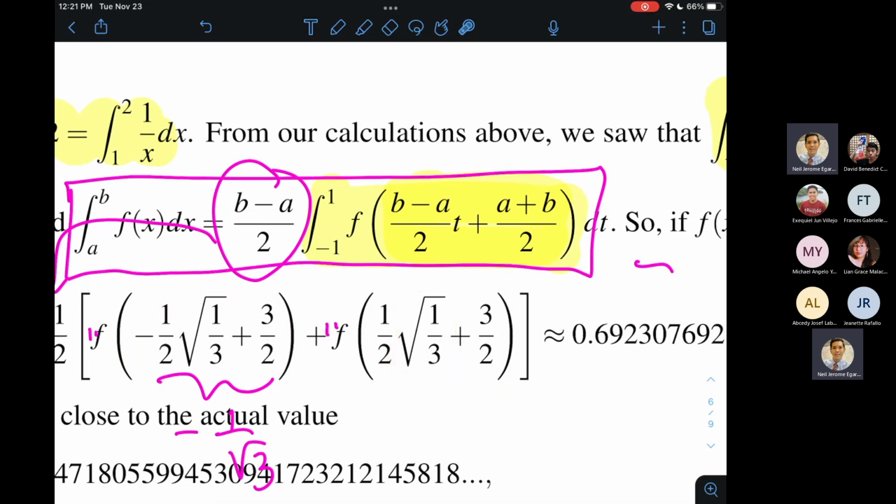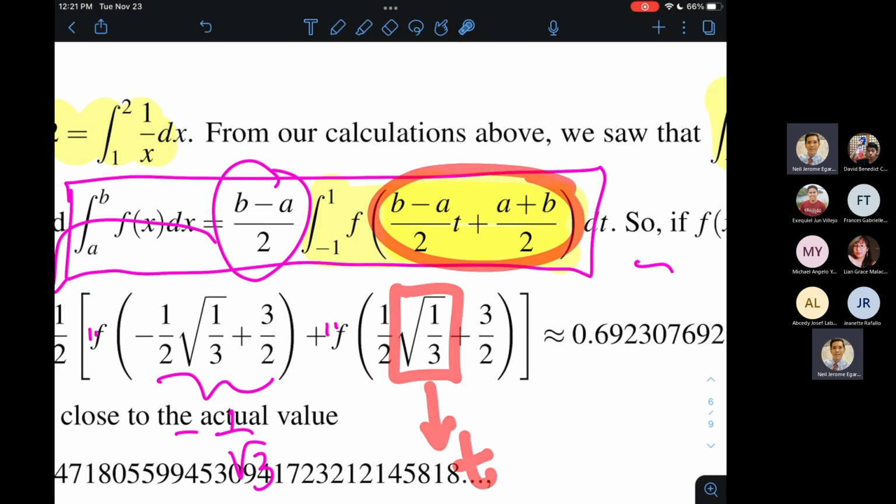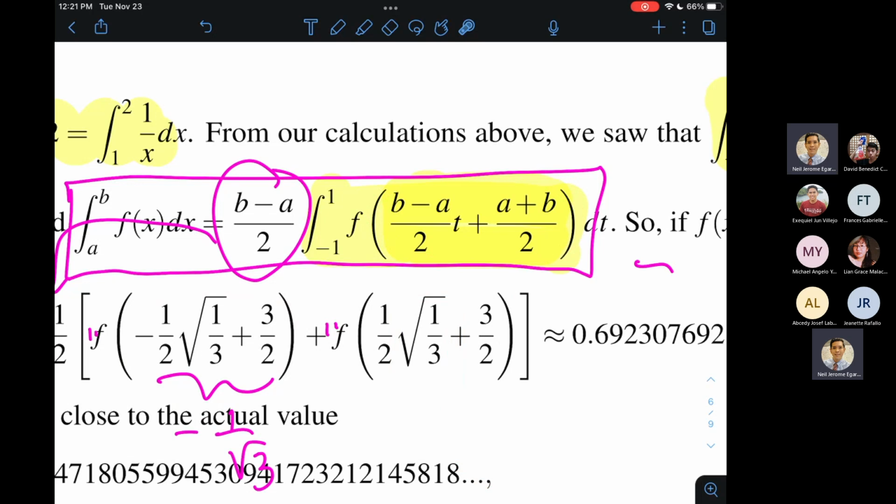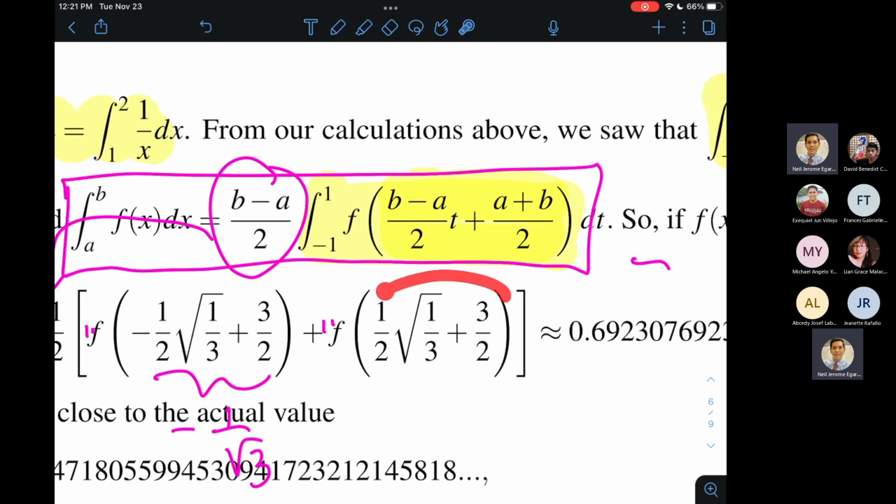Pero dahil translated yung interval, titingnan ko siya as the t-value, ipa-plug in ko siya dito. Okay? So we'll have the function value of this guy, which is the translation of root of 1/3 papunta sa interval 1 to 2. Okay? Ito rin yung same translation formula na ginamit natin dun sa Chebyshev nodes saka sa Legendre nodes, yung pagta-translate sa kanila. So yun din yun.